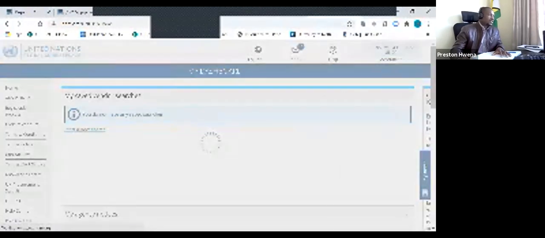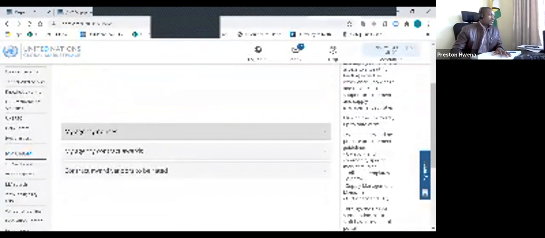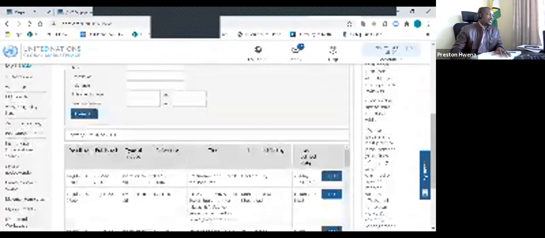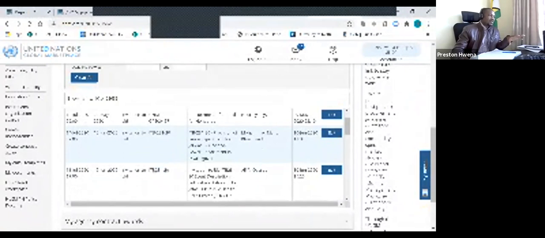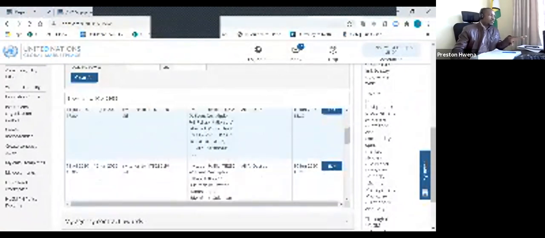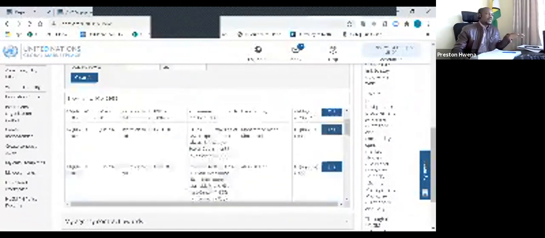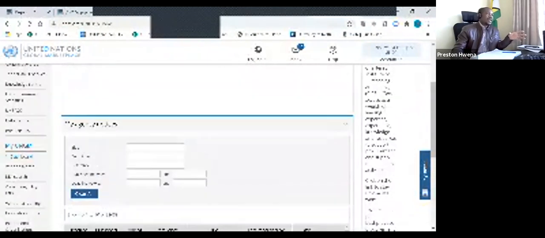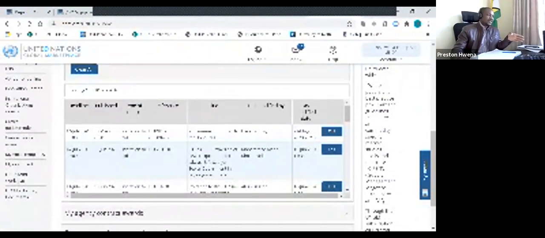Once I'm registered here, I'll be able to see all other tenders from other countries by UNDP and other organizations. So this is a must-go for every bidder where you want to look for business within the UN entities.